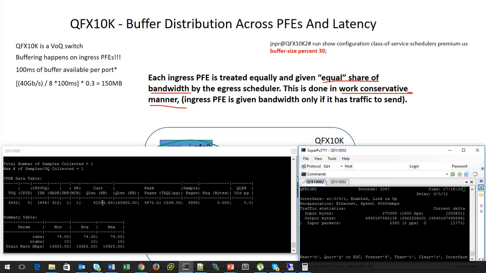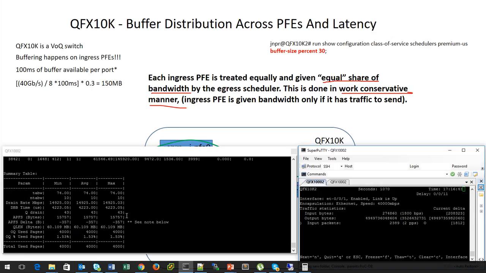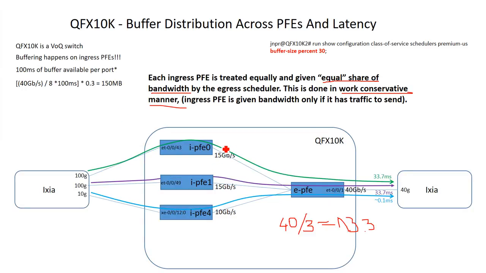That is how we know the buffer is now distributed across 3 packet forwarding engines. We would expect something like 50 meg, 150 divided by 3, but it's 60. These are discrete values, so the algorithm takes some discrete values, and this is how it allocates in this case. Also, the offloading rate is what we suspected. It's 15 gig.